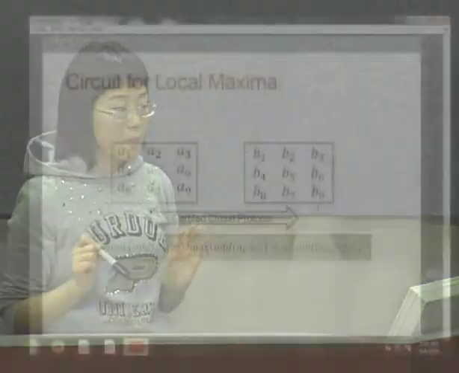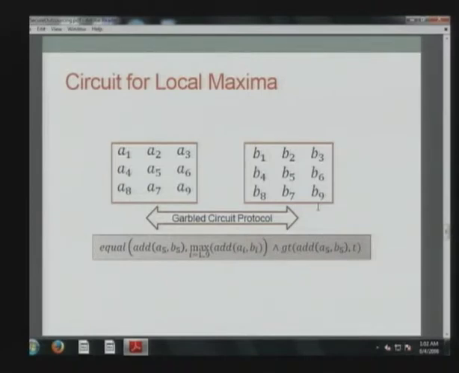They do this by the secure circuit evaluation protocol we just presented, and I will give you the details. Here is an example of a 3x3 matrix shared by the two parties, and the coupled circuit protocol to evaluate whether A5 plus B5 is greater than all its neighbors looks like this.